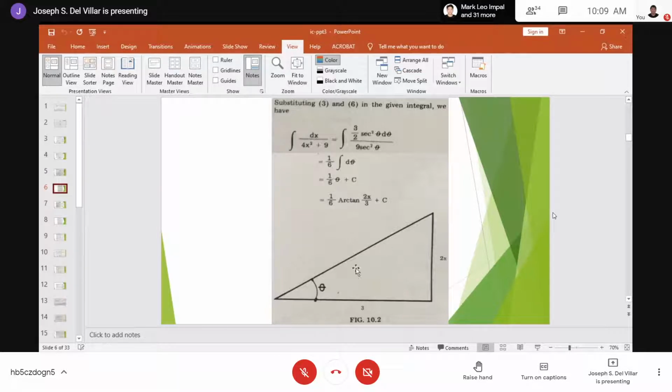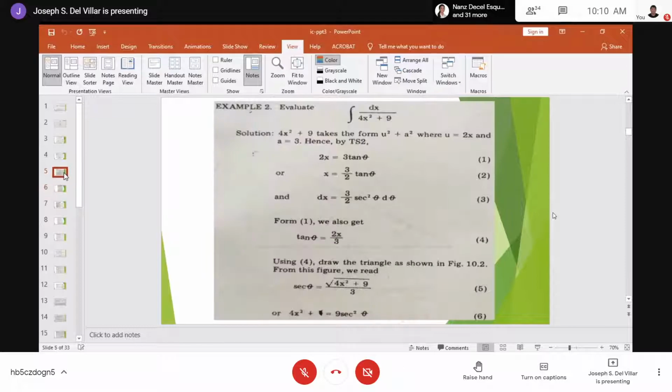So, the square root of 3 squared plus 2x squared, or the square root of 9 plus 4x squared. Okay? So, you can now draw that triangle and then substitute. Pwede na tayo mag-substitute dito.